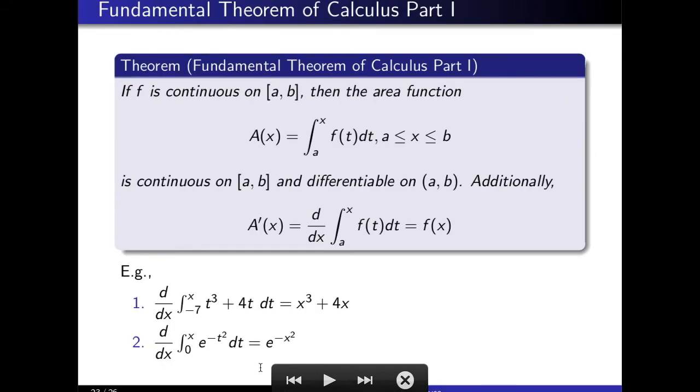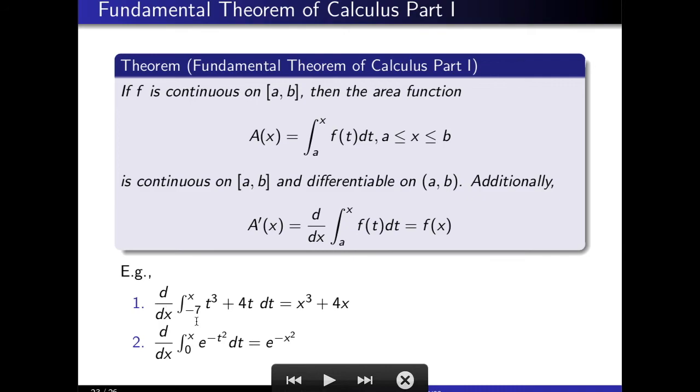Well, these are actually really, really easy ones to solve. You just need to make sure that you get it into this form. So sometimes on a test we would write this as the area function from x to minus 7 of, in this case, t cubed plus 4t. We said before that you can flip the bounds on this area by putting a minus sign out in front.